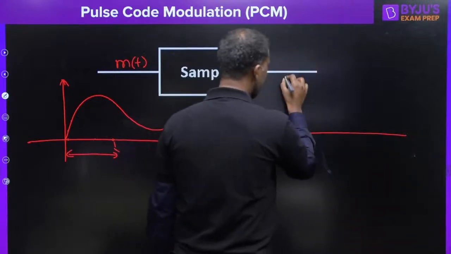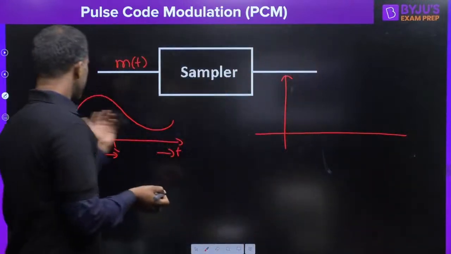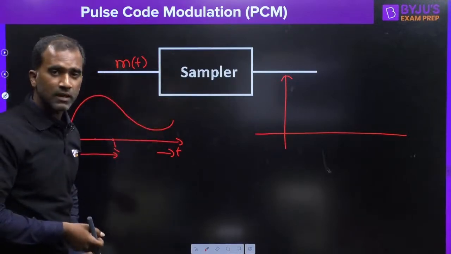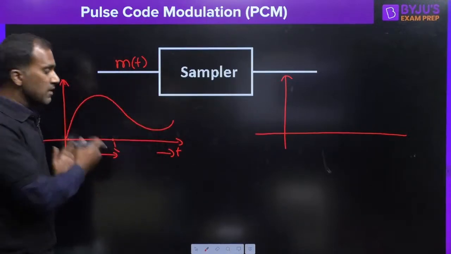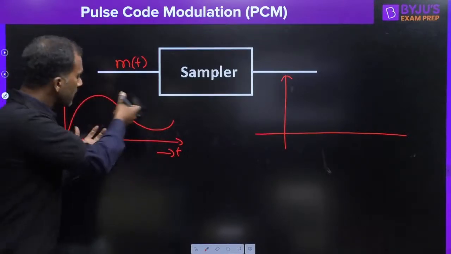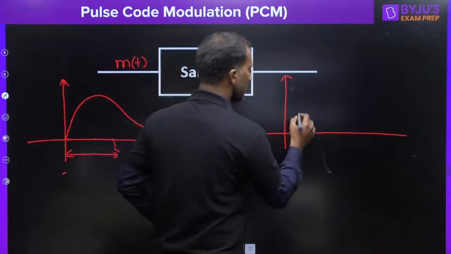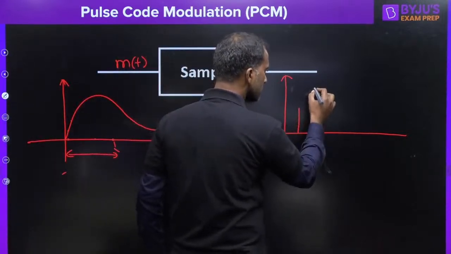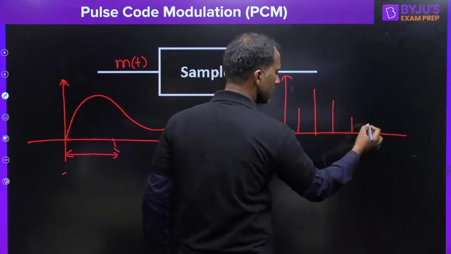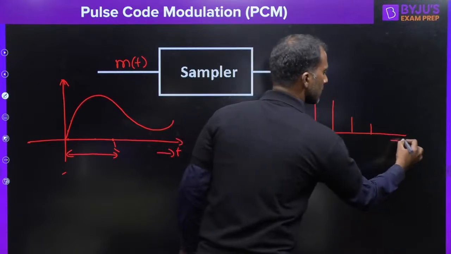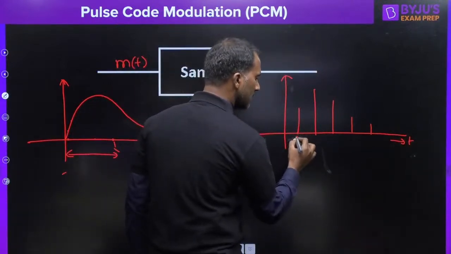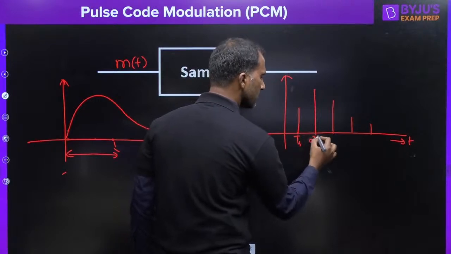If we sample, what are we going to get? What is the meaning of sampling? There are infinite samples, and from this infinite set, we're going to pick only a few samples, something like this, as a function of time, at multiples of Ts.